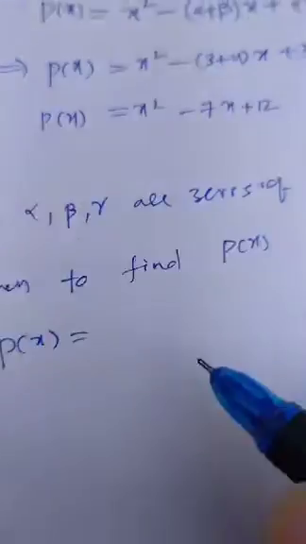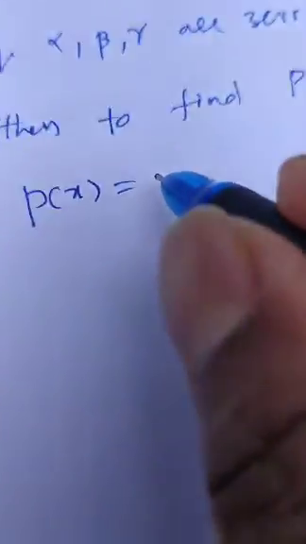Use the following formula. What is the formula? P of x is equal to x cube.